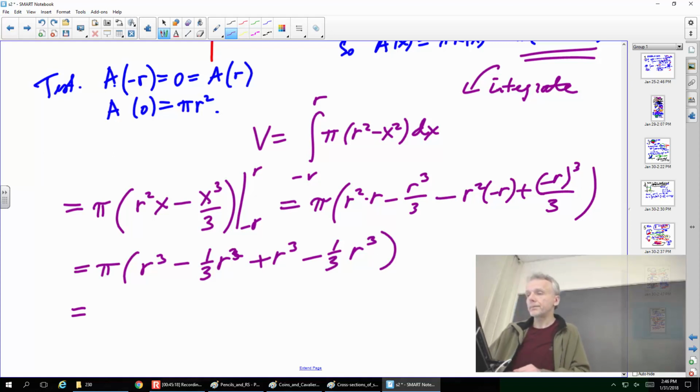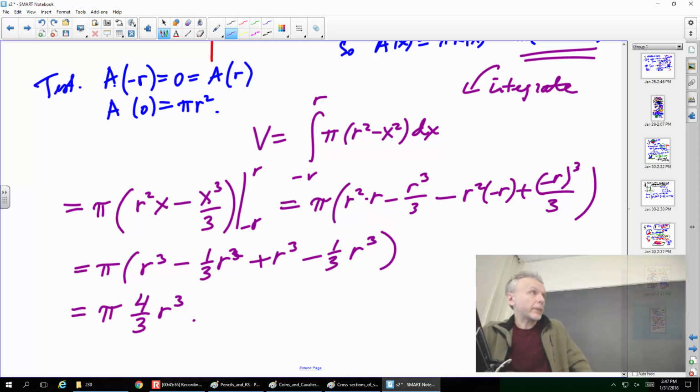Pi, which is what? 4/3, right? 4/3 pi r cubed. The formula that you find in every textbook, including yours, in that list of formulas. We also have the volumes of geometric figures, and that's the volume of the sphere.